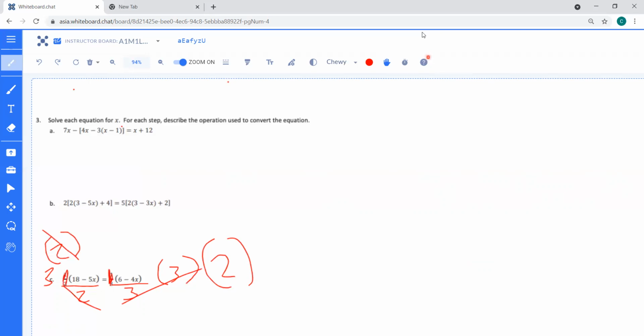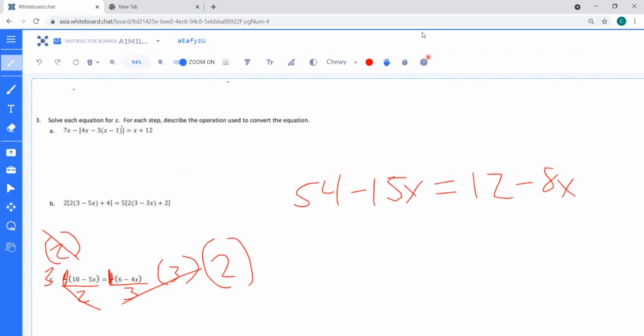So let's do distributive property. What's 3 times 18? That would be 54. So this would be 54 minus 15x, because we got to distribute 3 all the way. And then 2 times 12 minus 8x.